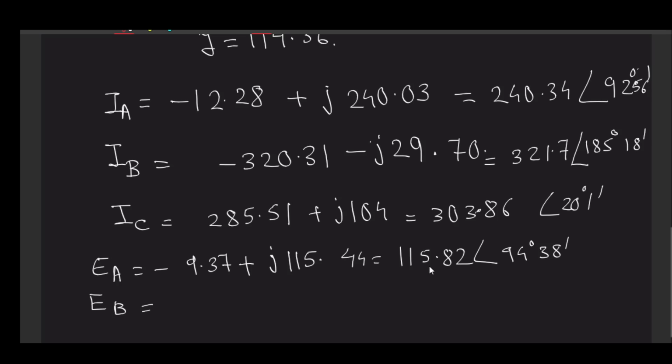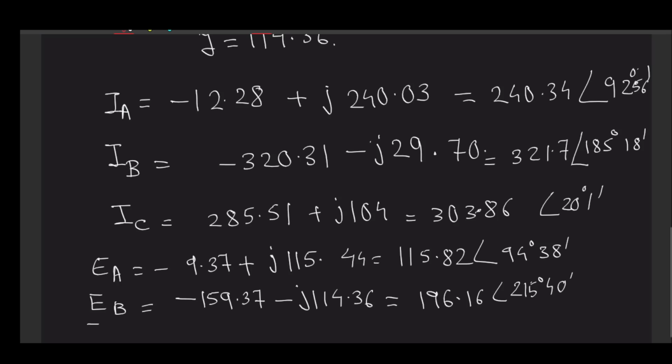EB is equal to minus 159.37 minus J114.36, that is 196.16 angle 215 degree 40 minute.